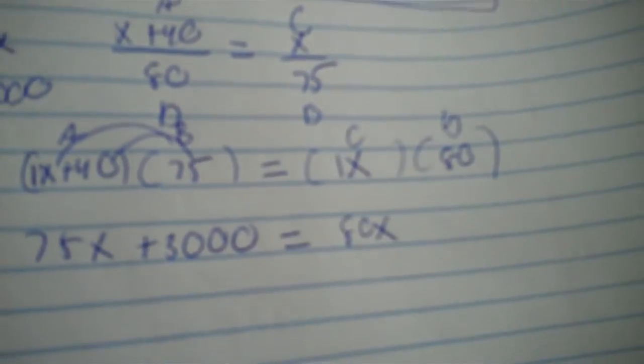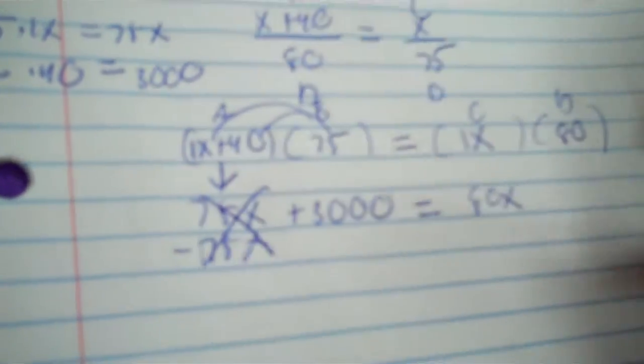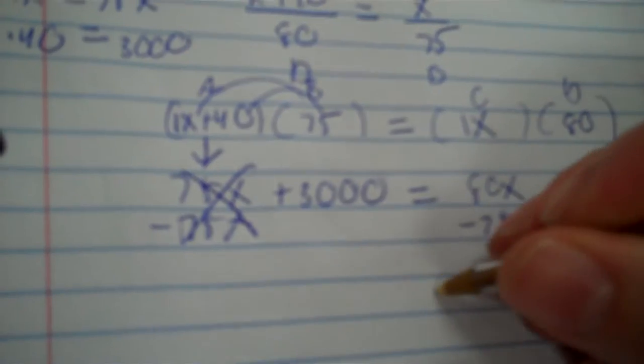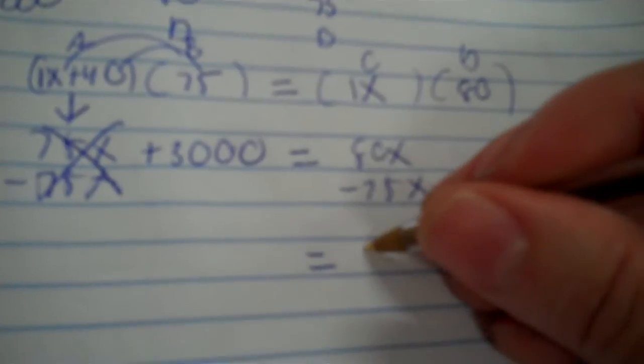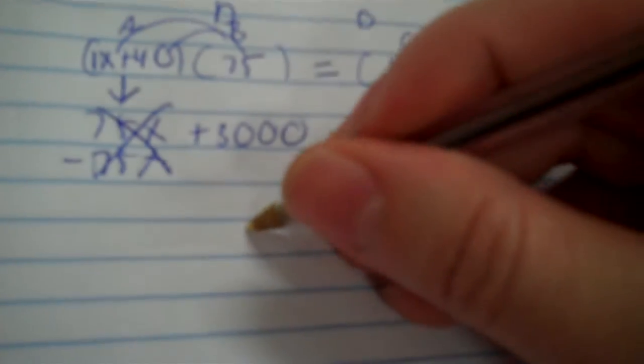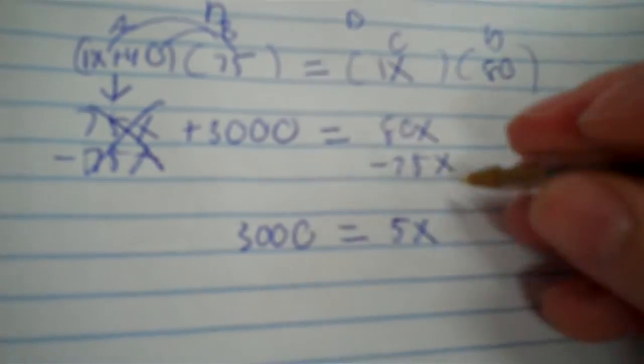Then over here you just take 1x times 80, it's 80x. Now you got two x's on opposite sides, so mark the smaller one and get rid of it, subtract it. So 80 minus 75 is 5x, and then you got 3,000.